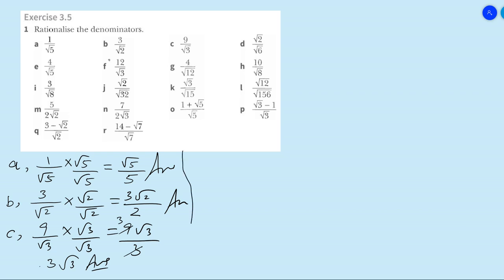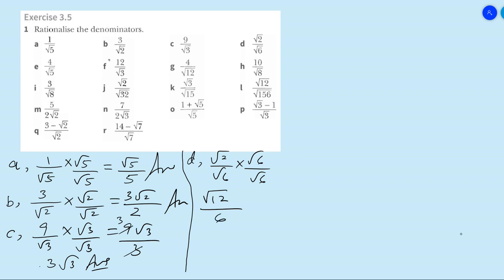Next, part D. Part D is root 2 upon root 6. Just multiply and divide by root 6. Root 2 into root 6 is root 12. Root 6 into root 6 is 6, as you know the square root of 36 is 6, so I am writing it directly.